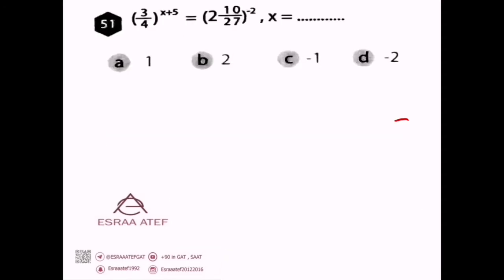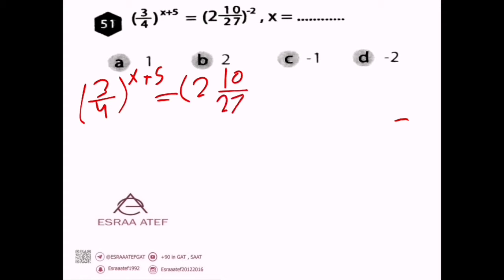Next one, here we have 3 over 4 powered by x plus 5, and here we have 2 and 10 over 27 powered by negative 2. If we have a question like this one, we will try to make them the same numbers here and here. So if we have 3 over 4 here, we will try to make it 3 over 4 here too. How can we do it?